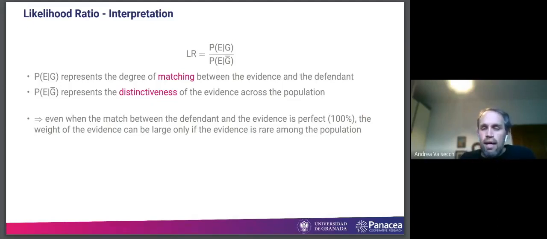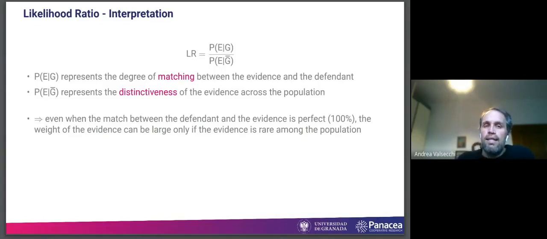And that's a good point, because if you are expecting to get a very high likelihood ratio value, because you think the evidence is going to be very significant, you should consider both parts of the formula.